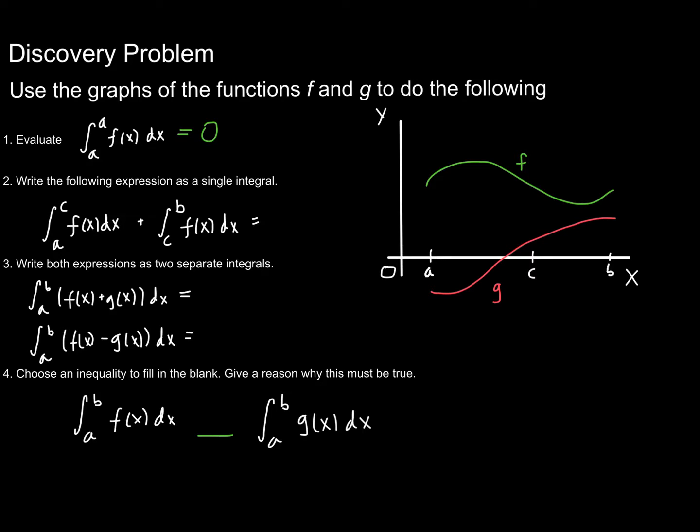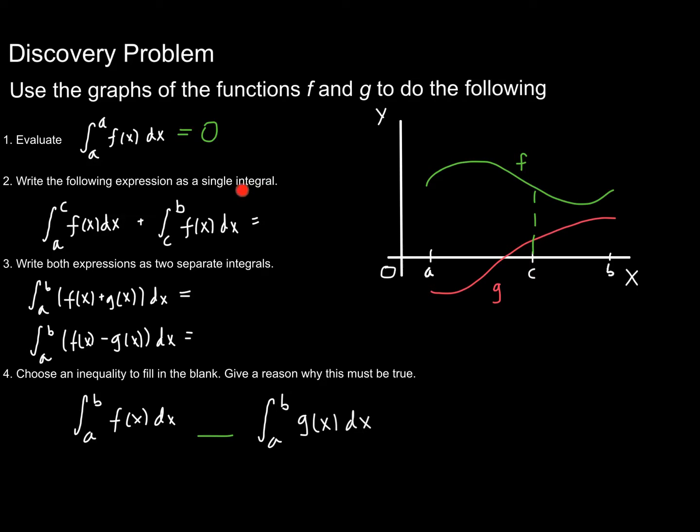For number 2, what we want to notice is, again, the interval of integration. This first integral goes from a to c, and so that's going to accumulate all of the area in this portion. And then the second integral goes from c to b, and so that will include all of the area here.